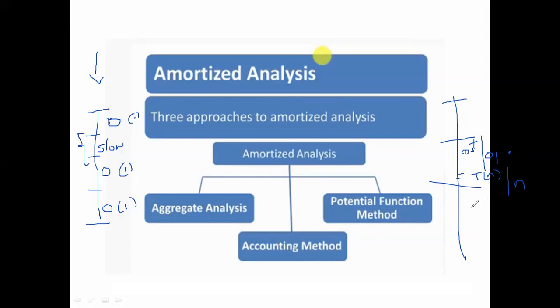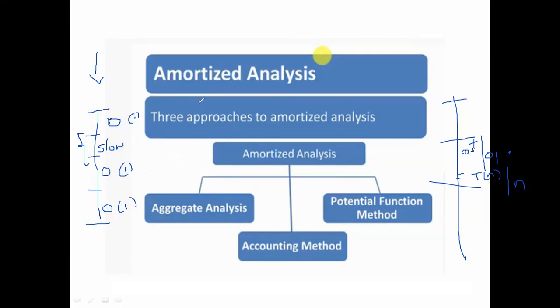So here, in aggregate analysis, a sequence of n operations takes T of n as the worst time. We see where it will be slow, how much cost was paid for that, and what operations are required to complete that task.